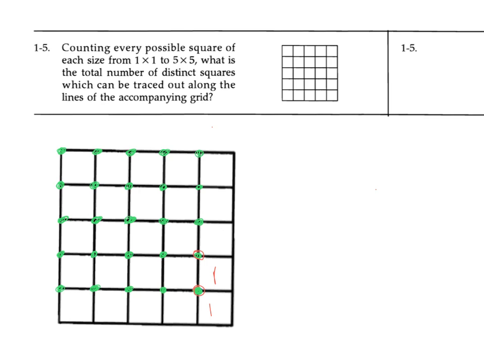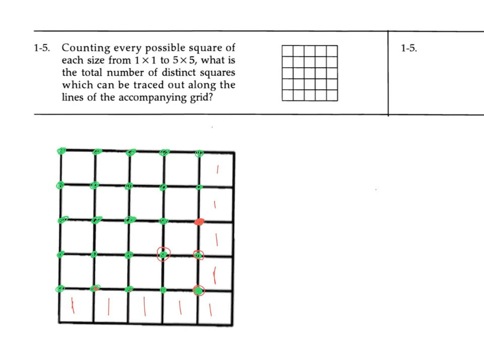This intersection here only serves as the upper left-hand corner of one square. So I'm putting 1s in all of these places because all the upper left-hand intersections can only create one square for each of those.